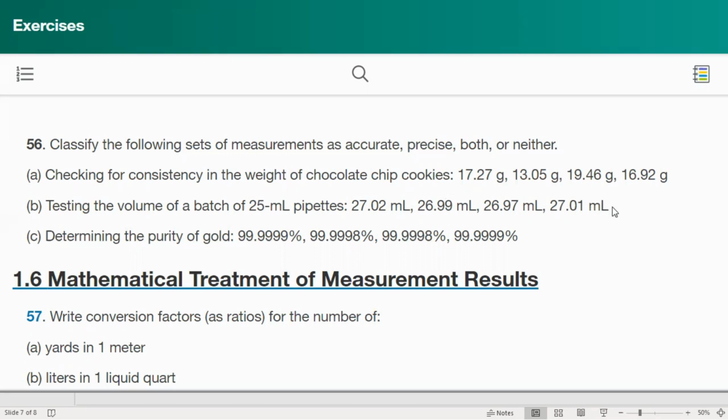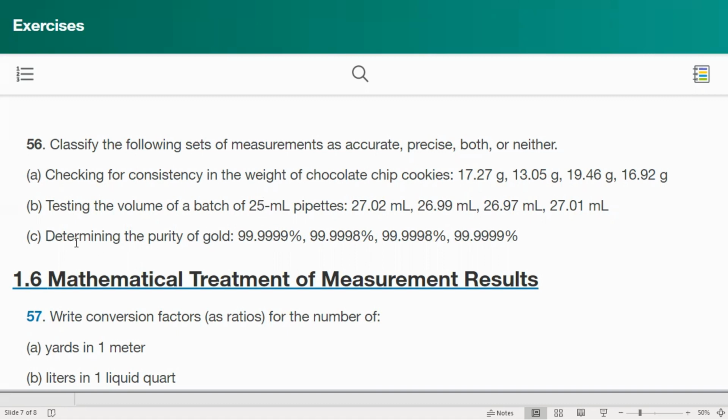I'd say this is precise, but it's inaccurate because it should be closer to 25. Ideally, the mean equals this, and the variance about the mean is also evenly spread out to the left or right of 25.